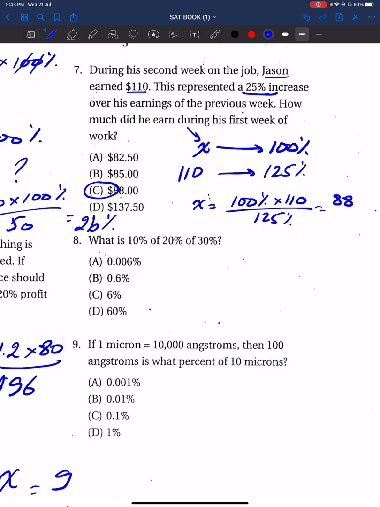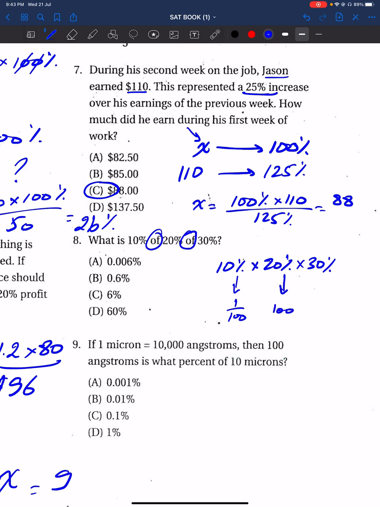Number 8. What is 10% of 20% of 30%? So of means multiplication. Obviously here what we will be doing is multiplying 10% times 20% times 30%, which is equal to, so percentage means 1 over 100.